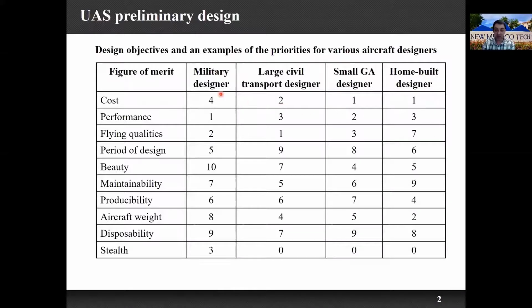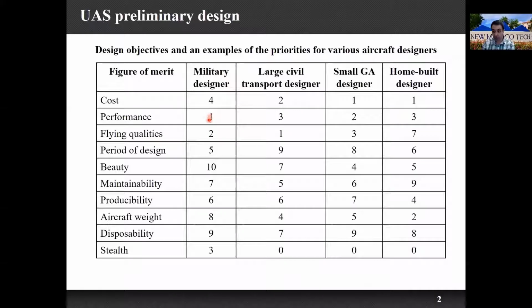For example, for military aircraft, the cost has a rank of 4. For a home-built designer, the cost is going to be lower, equal to 1. Between these 4 types of airplanes, usually the military designer has higher cost than the large civil transport designer, followed by glider or home-built airplane.